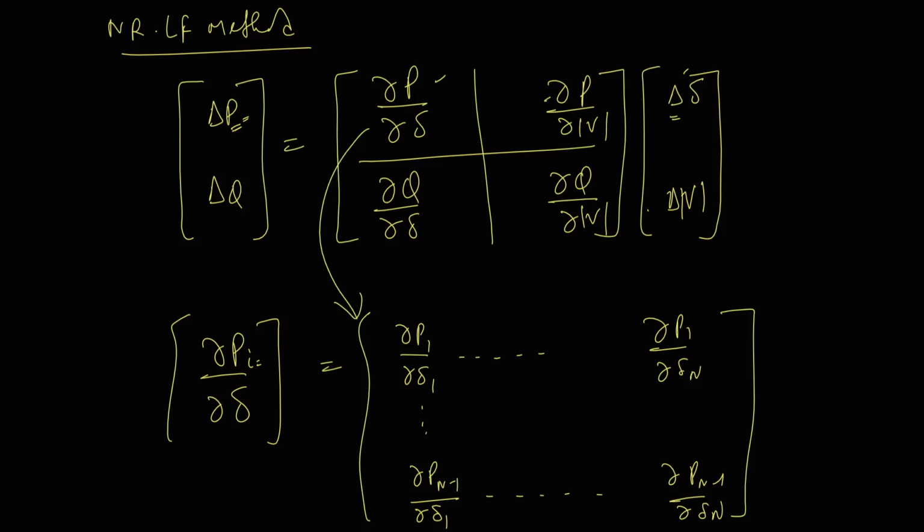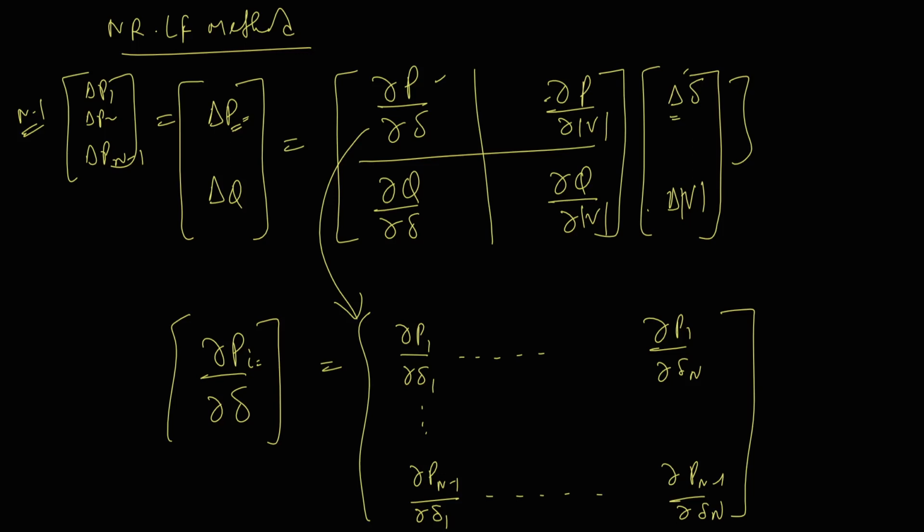Because I am having a number of p's here, delta p1, delta p2 up to delta p n minus 1, the number of equations is n minus 1 equations, right? And the deltas are also the same, n minus 1 deltas.